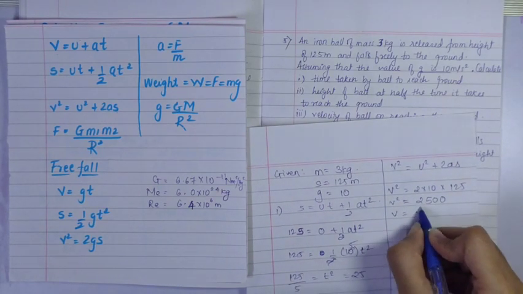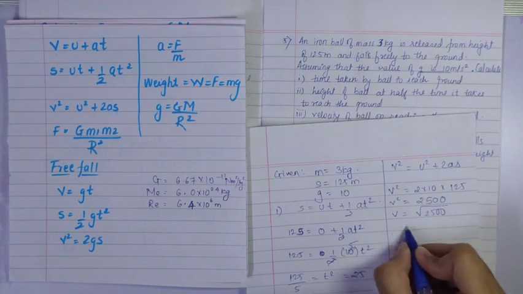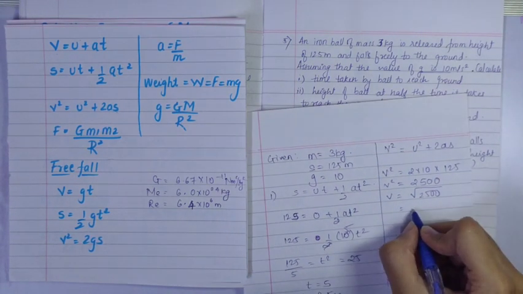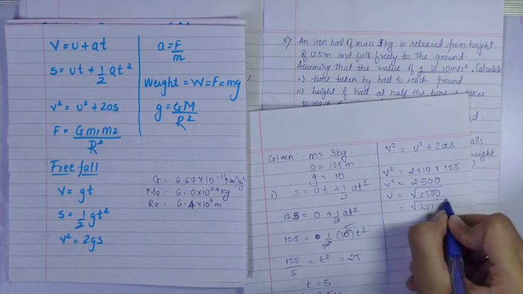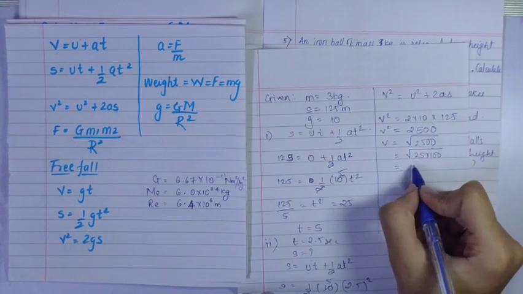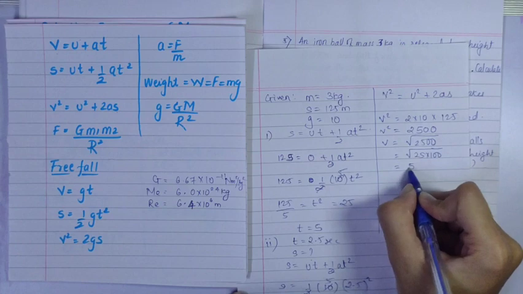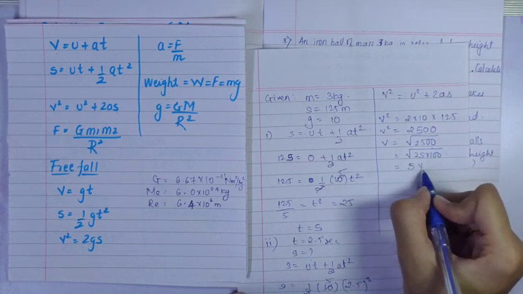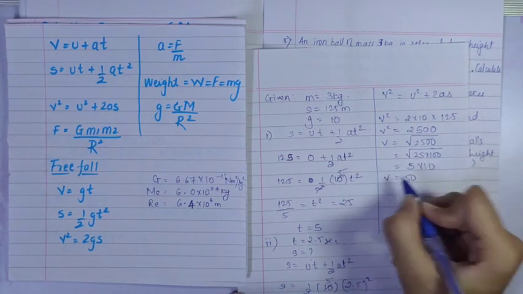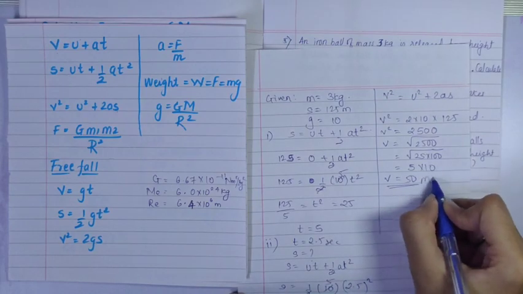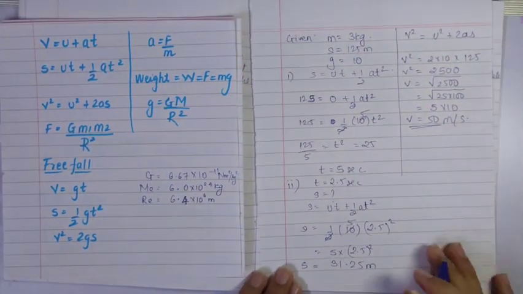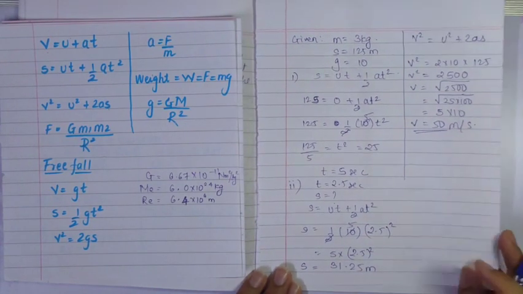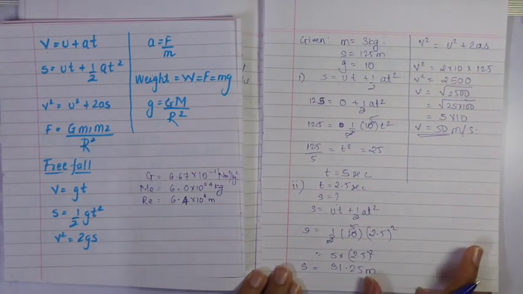So V will be the square root of 2500, that is 25 into 100. Square root of 25 is 5, square root of 100 is 10. That is 50. So your V will be 50 meter per second. This is t in seconds and S in meters. Never forget to write the units.